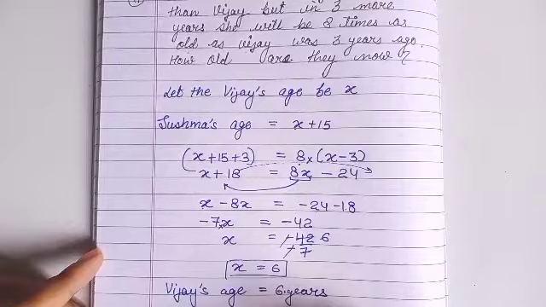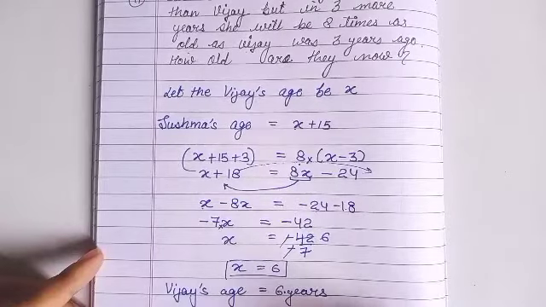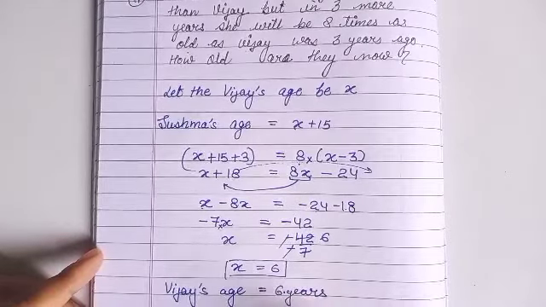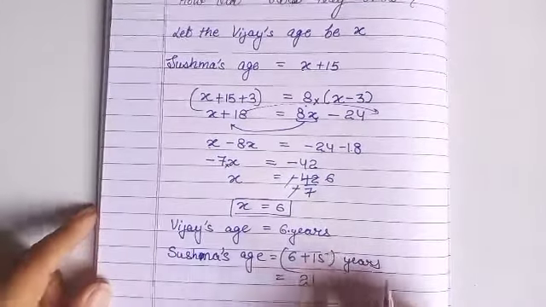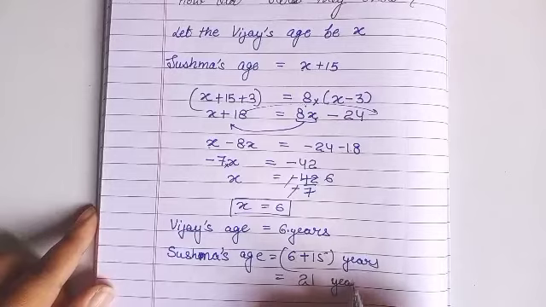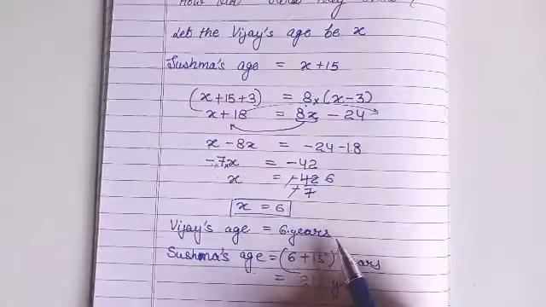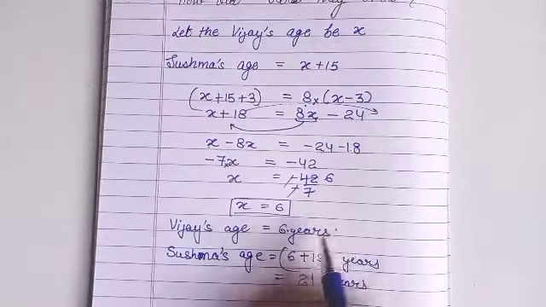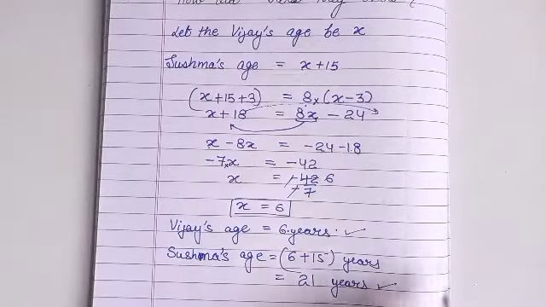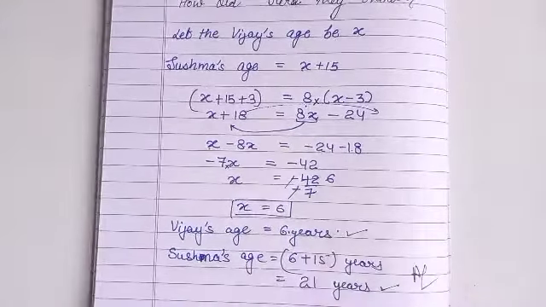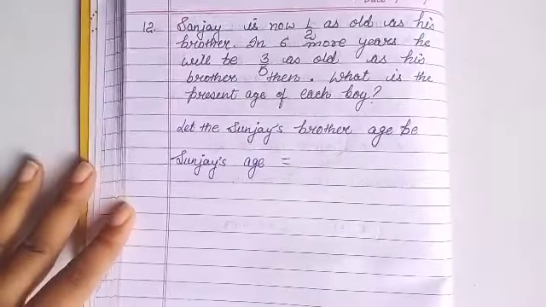So 6 plus 15 years, right? 6 plus 15 is 21 years, right? So this is the present age of Vijay and this is the present age of Sushma. This is your answer.